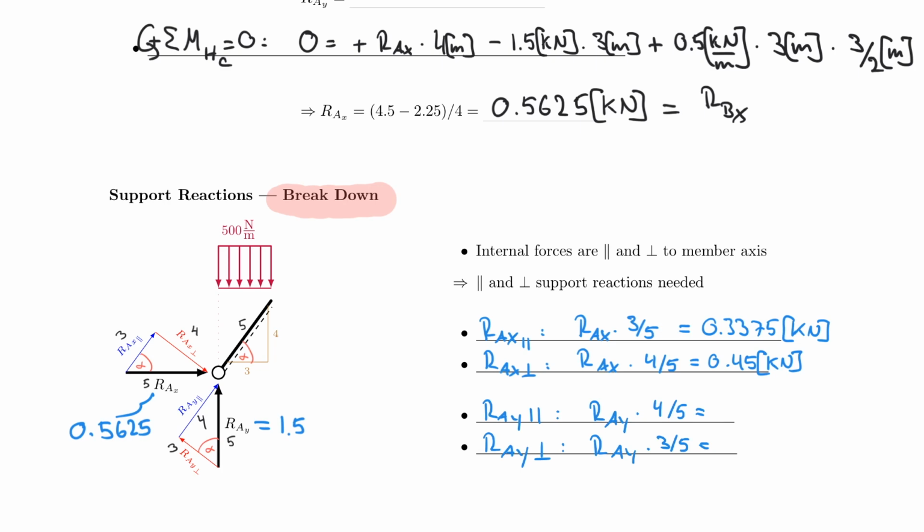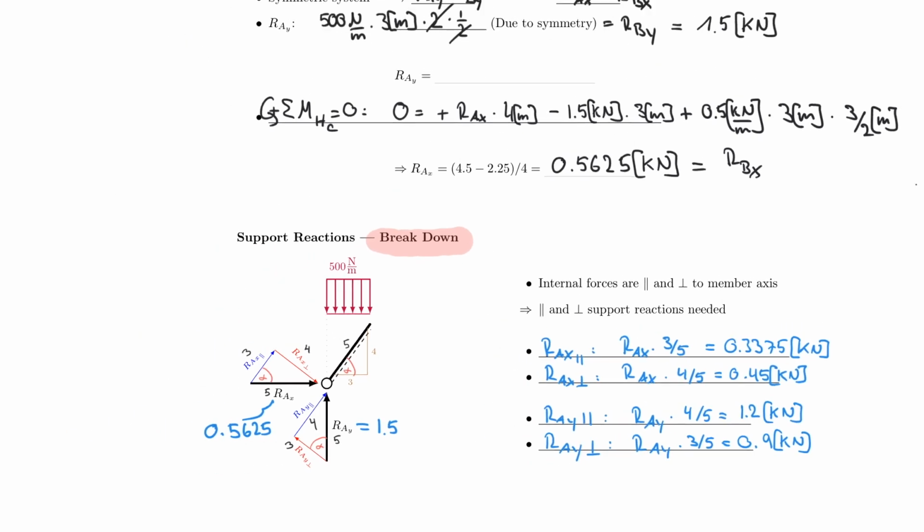But if you plug in the numbers, then you will find that we're looking at 1.2 kilonewton and 0.9 kilonewton. So that was the breakdown of the support reactions, which now I'm a little bit faster here because we talked about it in the self-weight.